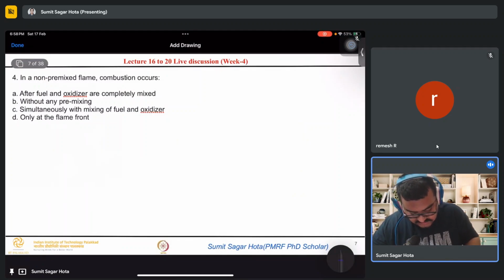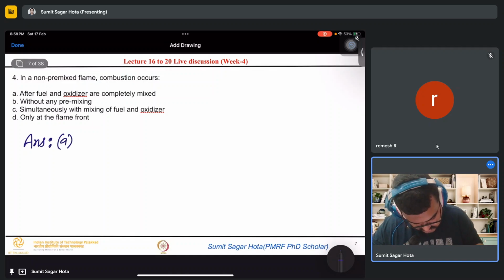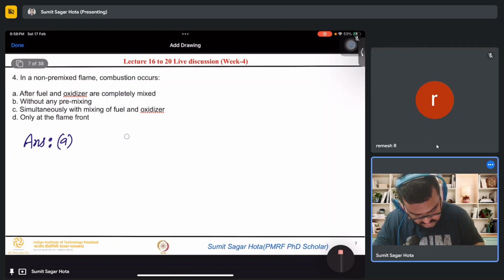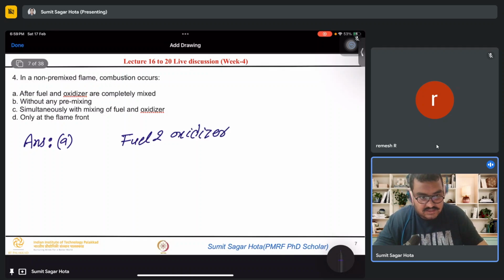Non-premixed means oxidizer and fuel are completely mixed. So fuel and oxidizer are completely mixed in non-premix. That's the difficulty in diffusion flames.